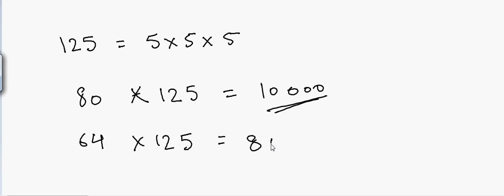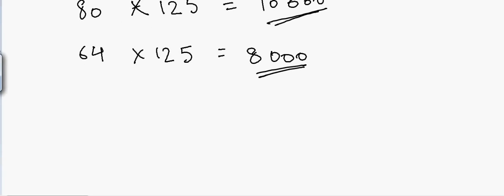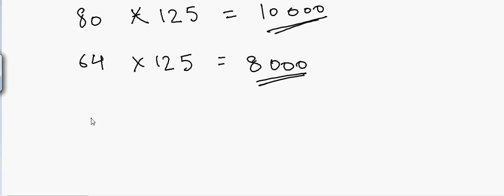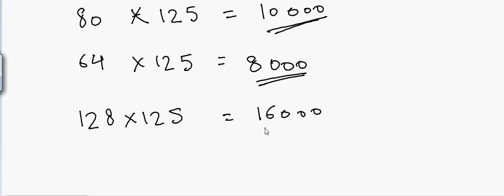So it will be 8000. And let's take another example, 128 by 125. In this case, 128 divided by 8 is 16, and then we put 1000 in the end. So that is our answer.